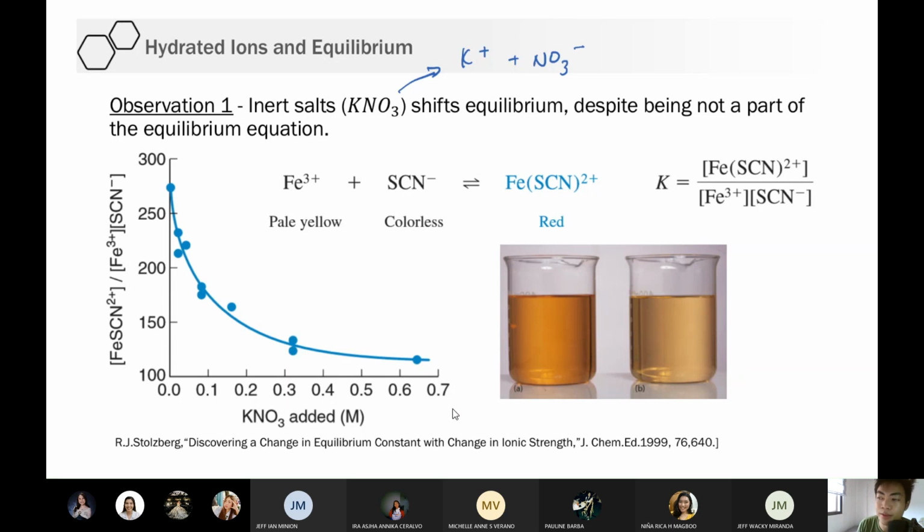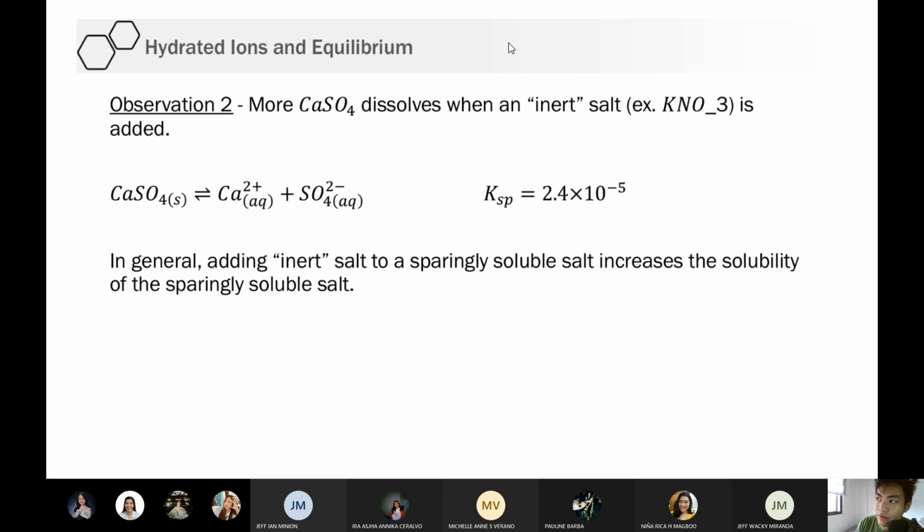On the other hand, if you have a precipitate and you add an inert salt, the equilibrium is shifted to the right, wherein the solubility of your precipitate increases. That means more ions are produced from your precipitate. So that's one thing that puzzled scientists before. How come inert ions can affect the equilibrium system despite that they are not written in the equilibrium constant?